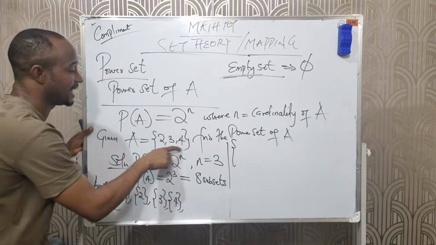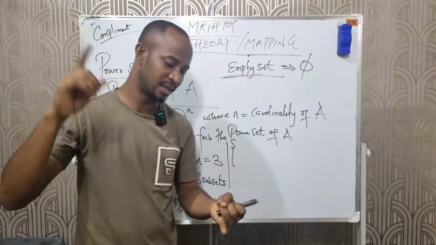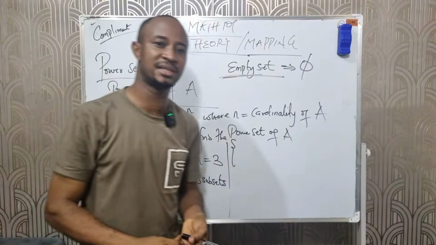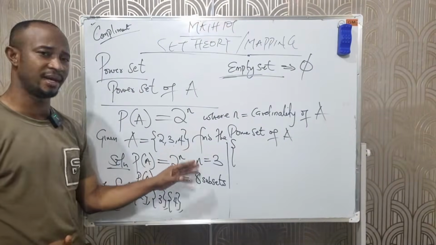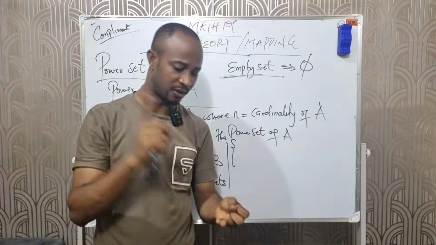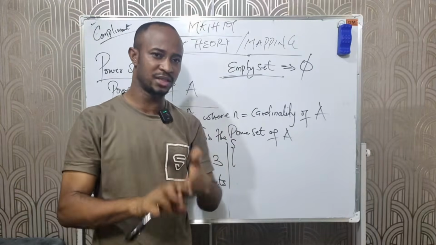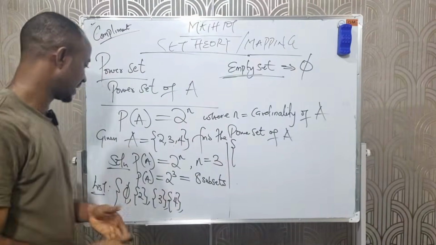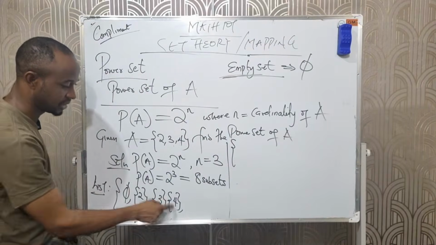Since we have 3 elements, there's a possibility of getting single sets, double sets, and triple sets. If I have 4 elements, it means we can bring out single sets, double sets, triple sets, and four-element sets.